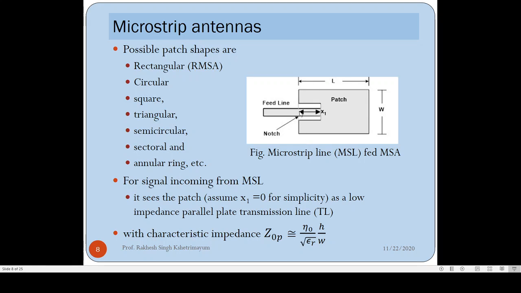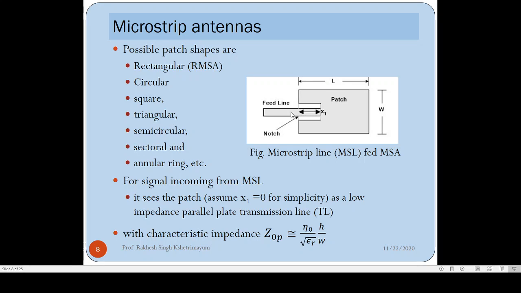And sometimes you feed this microstrip feed line at a location at a distance x1 from the edge, because at this edge the impedance matching is not proper. You need to displace it a little bit, cut a small slot here, and feed the patch at a slight distance of x1 from the edge of the patch, so that you can have proper impedance matching.